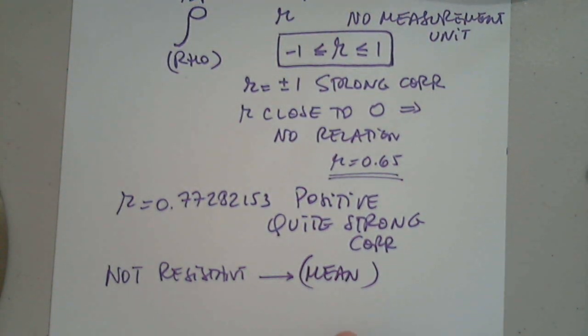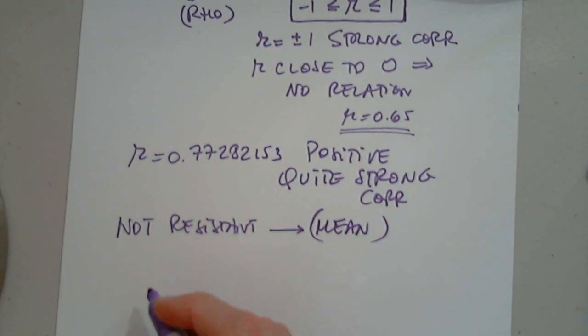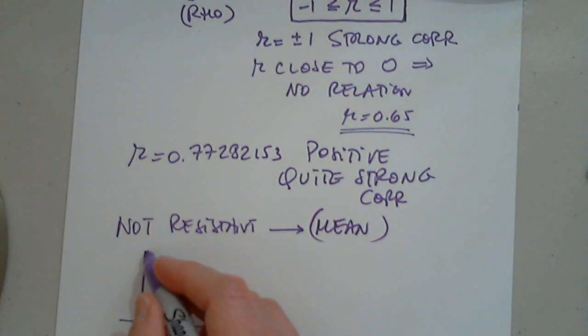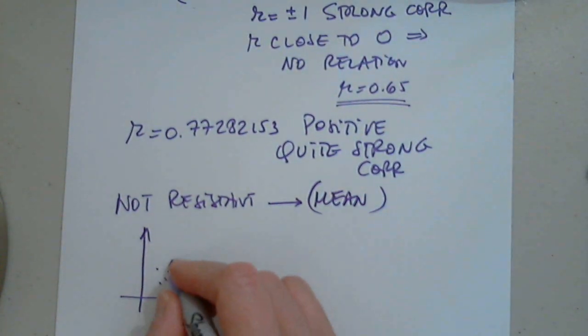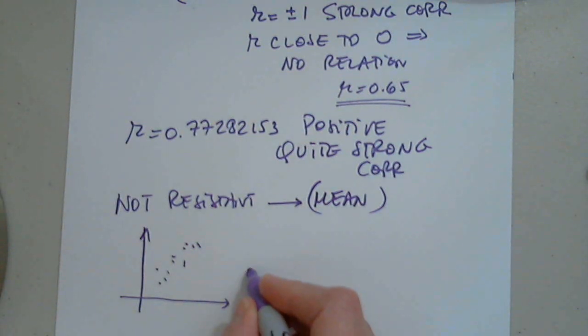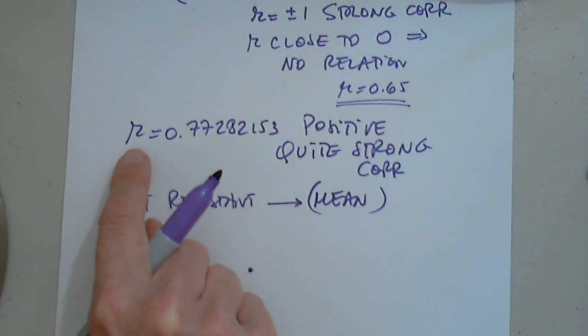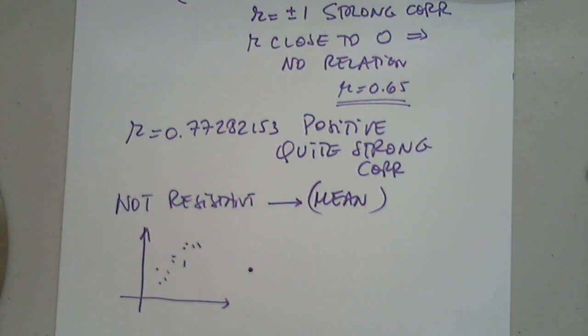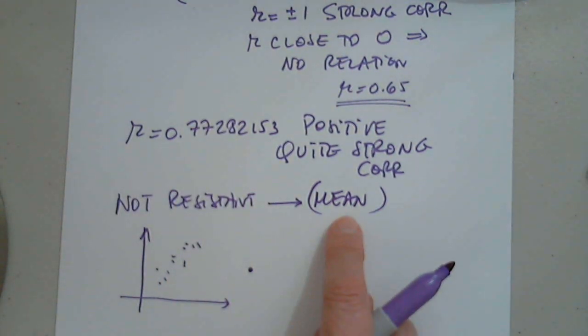So what does that mean? If I have this scatter plot, and all of a sudden I get this value, that will change the correlation coefficient drastically, like the mean.